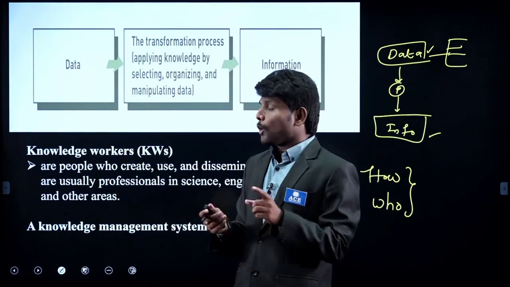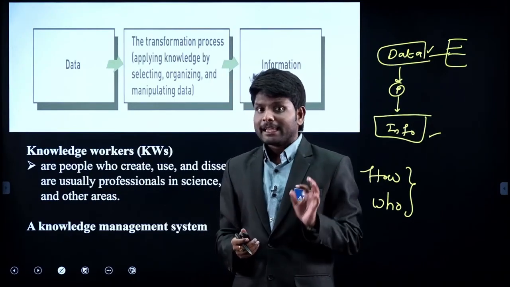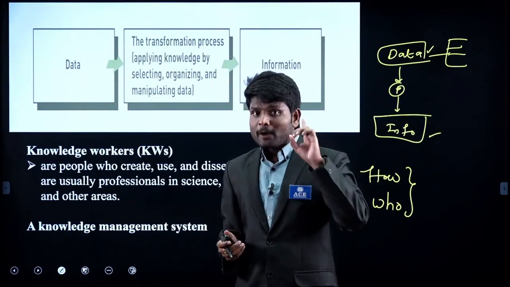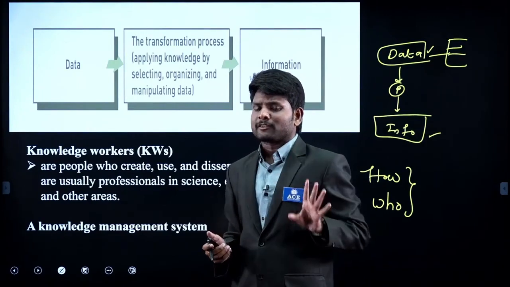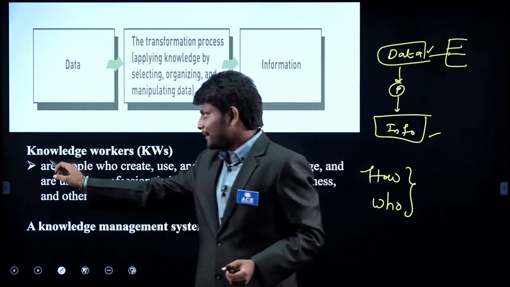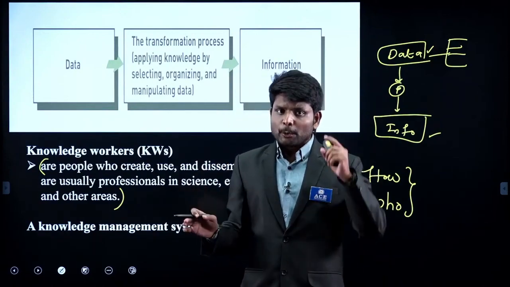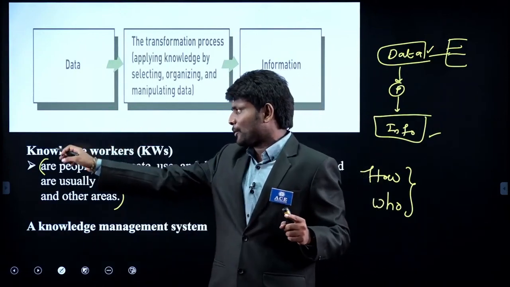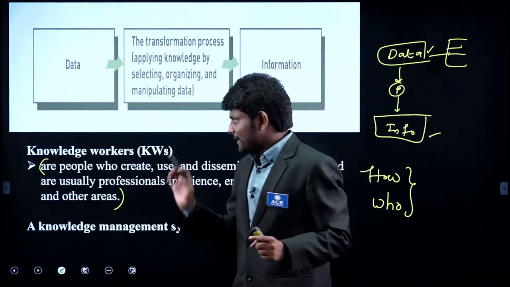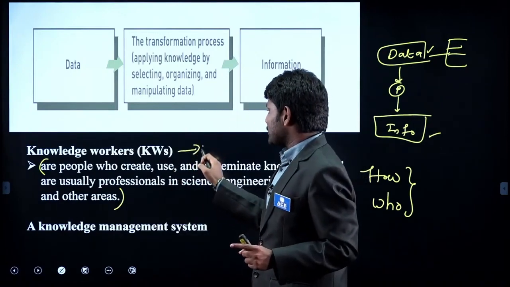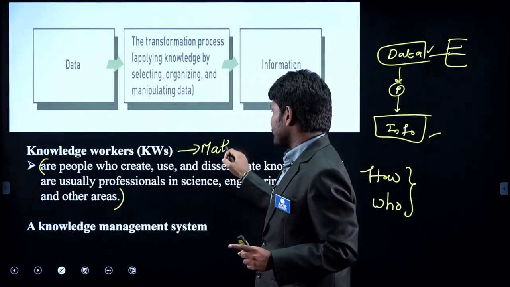They need not know how to handle an information system. They just create the knowledge. They don't bother how an information system processes that knowledge. They need to have the domain knowledge of the subject. If you want to create a database of mathematics, you don't expect that knowledge worker to have knowledge of information systems. You just need to check whether these knowledge workers know maths or not.